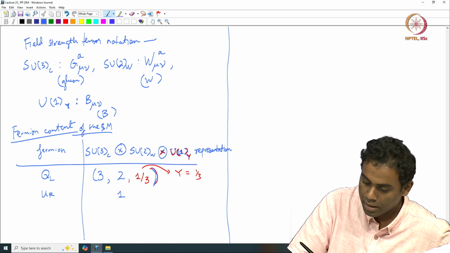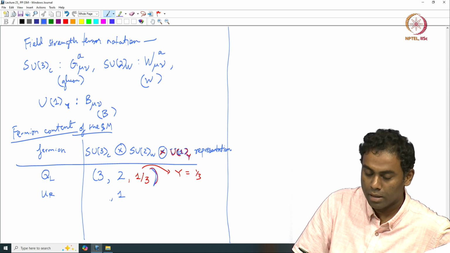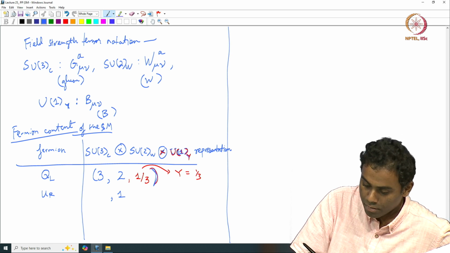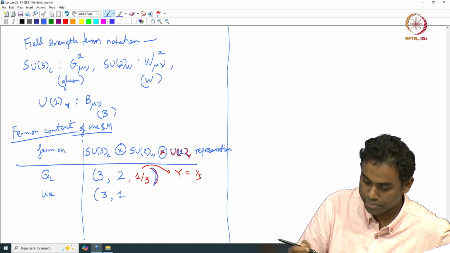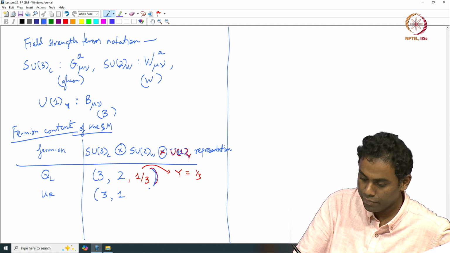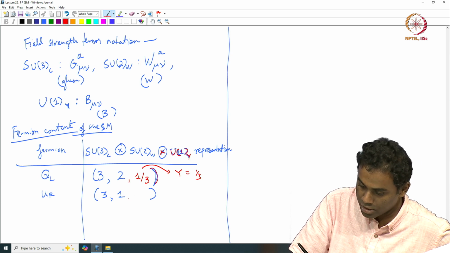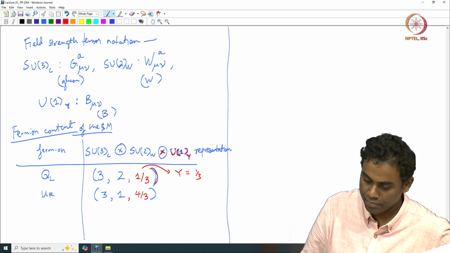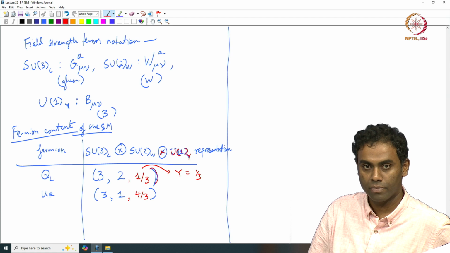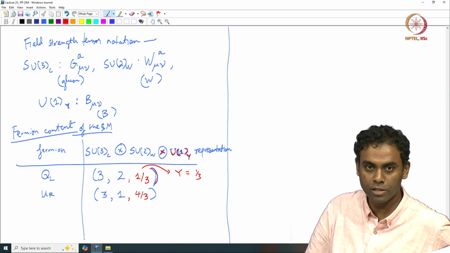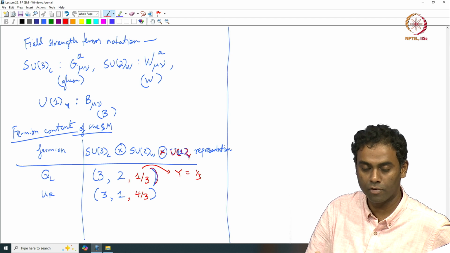What is it under SU(3)? Of course, this is also a triplet. And it turns out that the charge I have to assign is 4/3. We'll see soon that there is a relation between electric charge and isospin. These are all reverse engineered values based on the electric charge that we see.